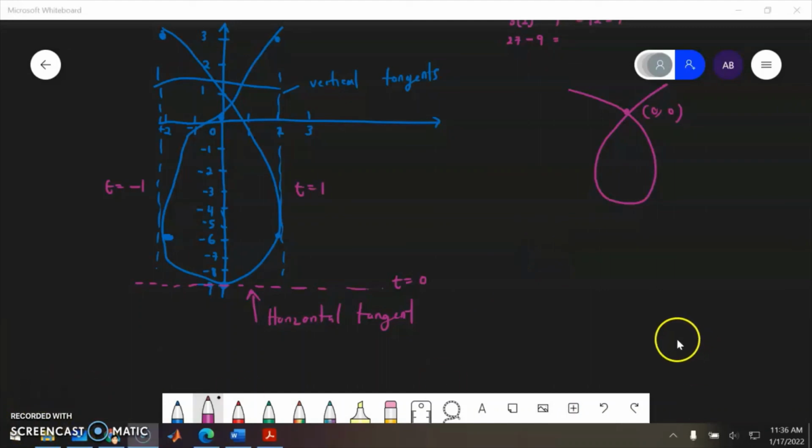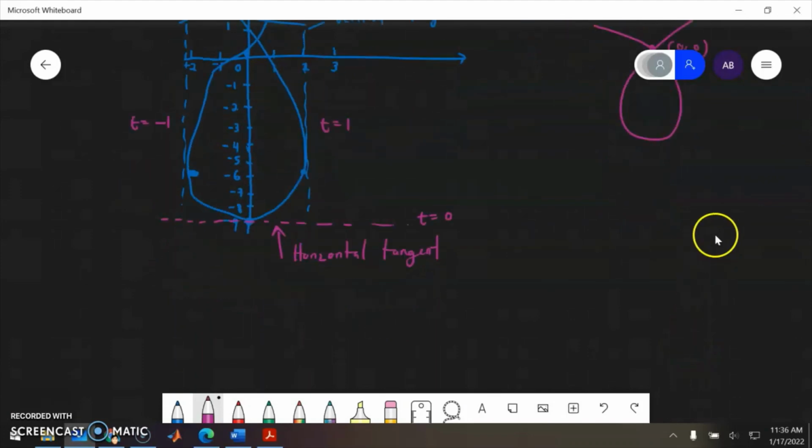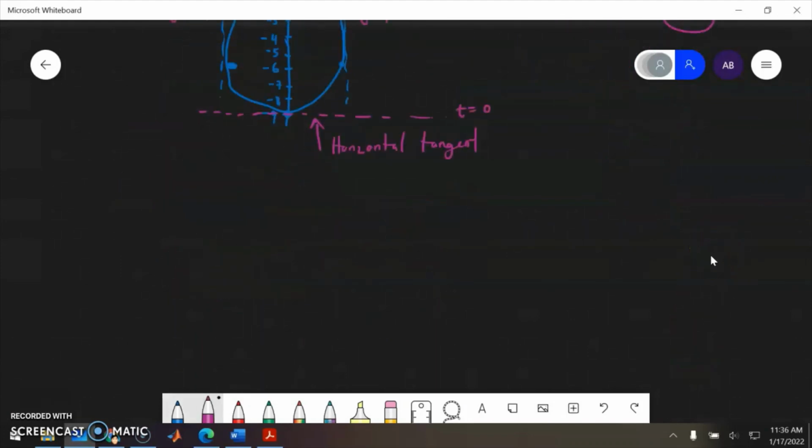Okay, I guess I will end for today's class. So we have looked into 3 things. The first one is parametric equations: you identify what the parametric equations are. The second one, you have learned about the tangent to the curve for a parametric equation.